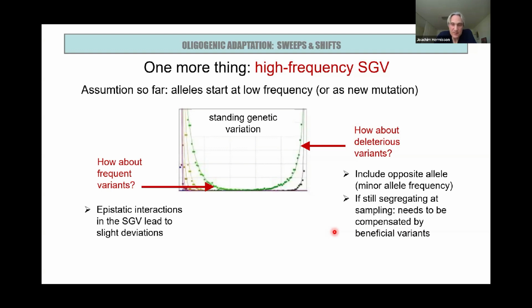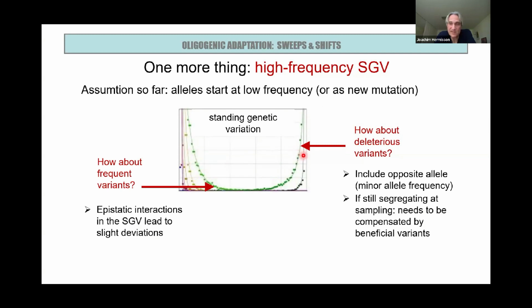And then there's one thing. If these guys are not only segregating in the beginning, but also at the time of sampling, so these that are initially here are not yet fixed, not yet at frequency 1, but some of them are still segregating. These are selected against after the environmental change, while these are favored after the environmental change.